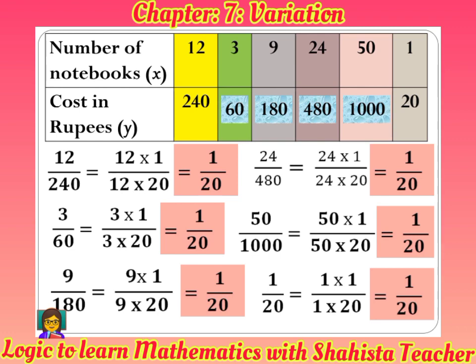So after dividing all these, we get a constant value 1/20. That means there is no change in this constant value. You can see in all the 6 examples we get 1/20 after dividing.